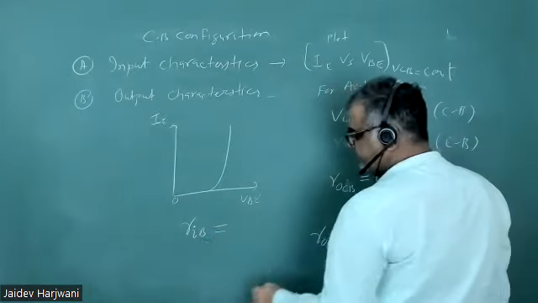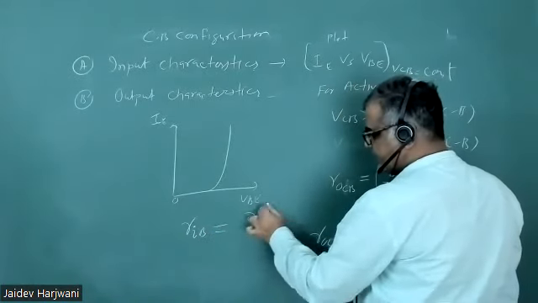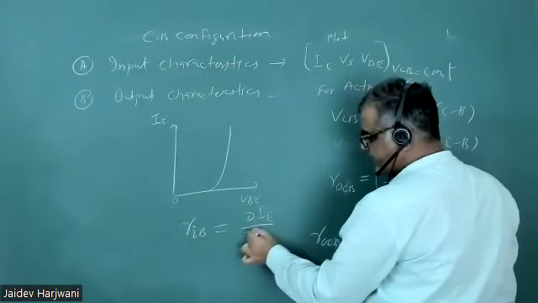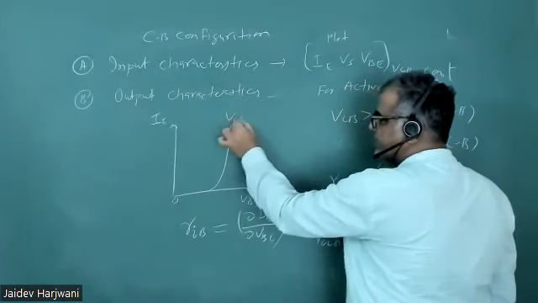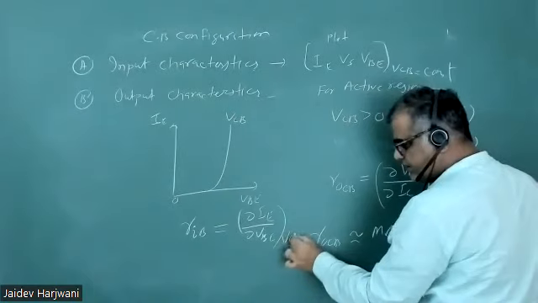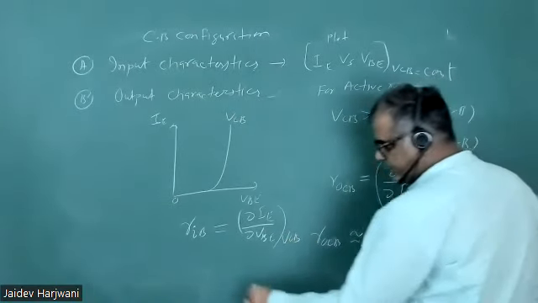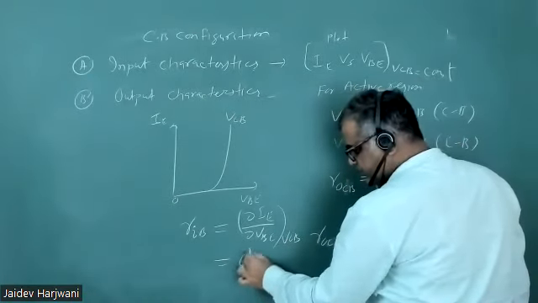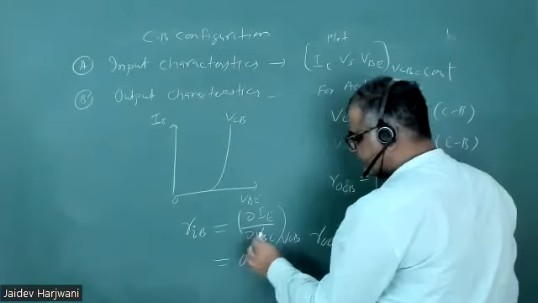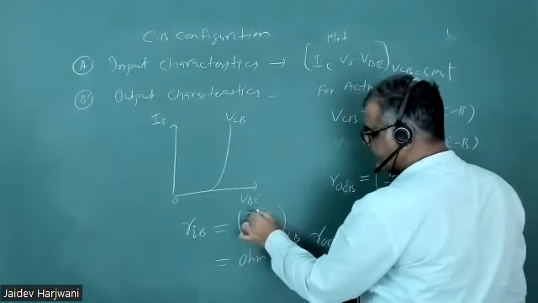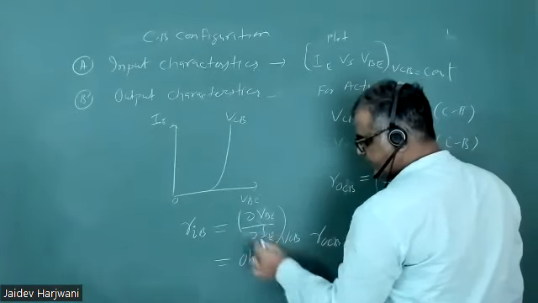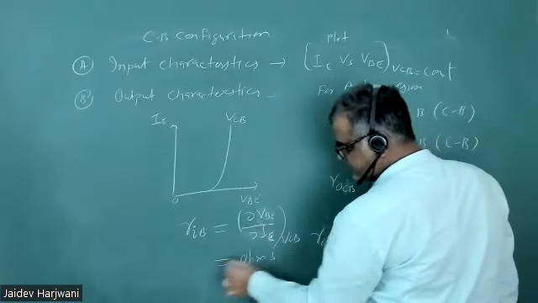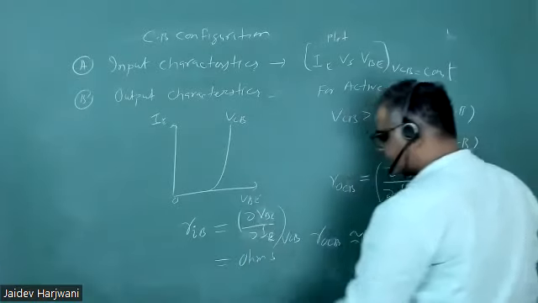So RIB will be delta VB upon delta IE, keeping VCB constant. This is in ohms.